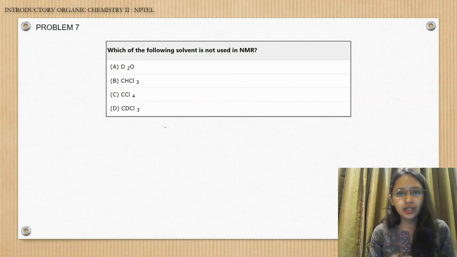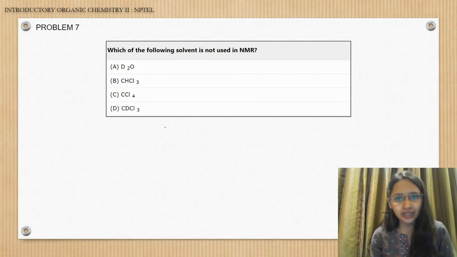If you obtain a compound in the lab, you want to confirm that it is the desired compound. For confirming that the particular compound you have obtained is the desired one or not, you are going to perform a set of experiments like NMR, IR, and mass. You are going to go for every particular spectroscopy.